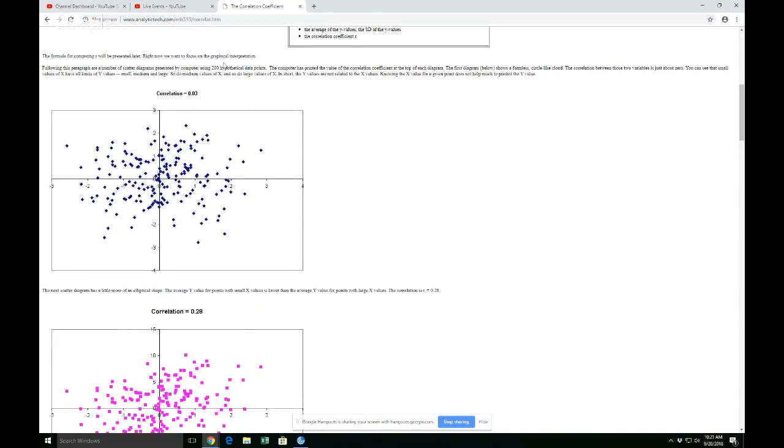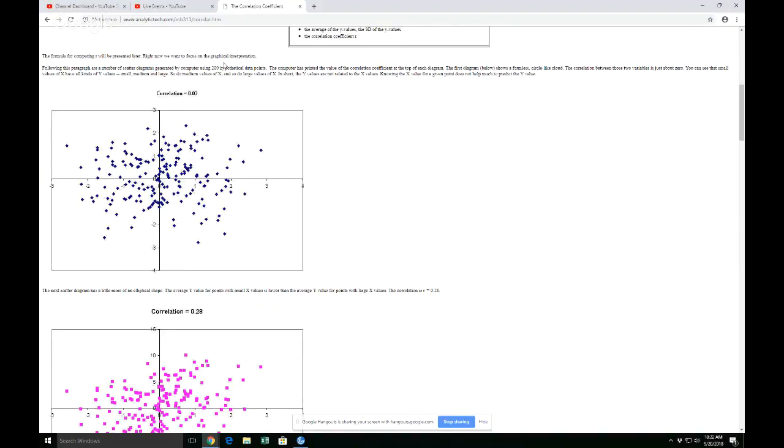This would be an example of what we would probably call a null plot. Now, usually, especially if you have this many points, it's hard to get a correlation of 0. So usually when we have a correlation close to 0, correlation close to 0 can, but not always, indicate no correlation.